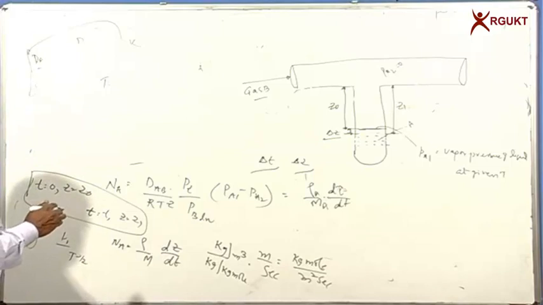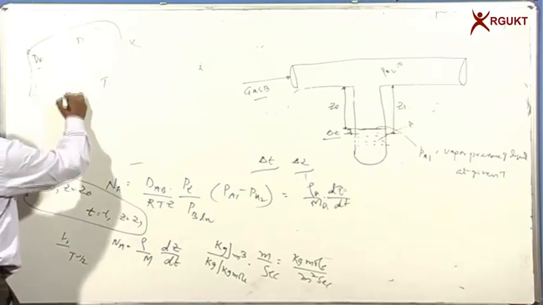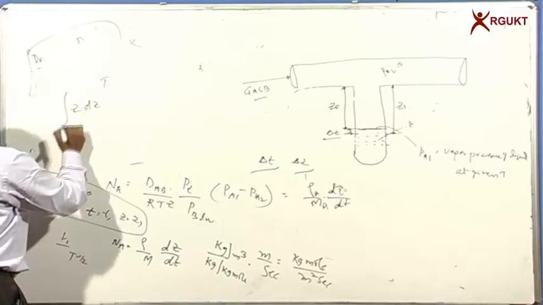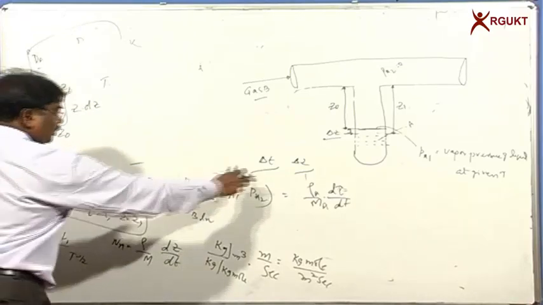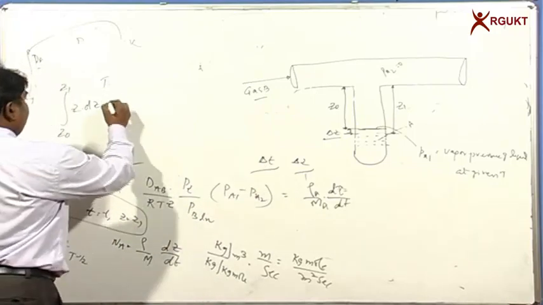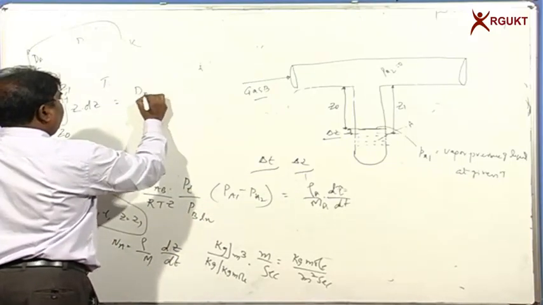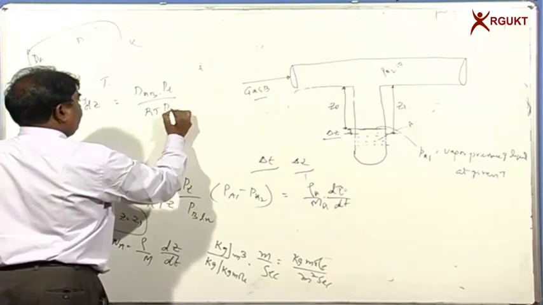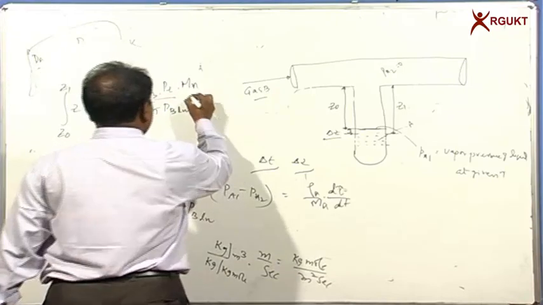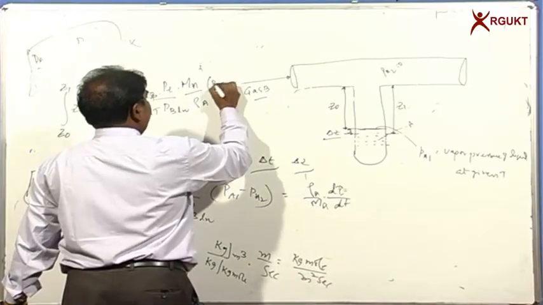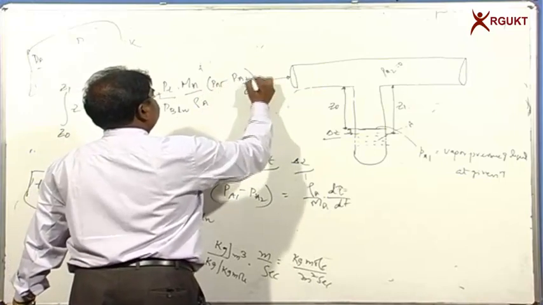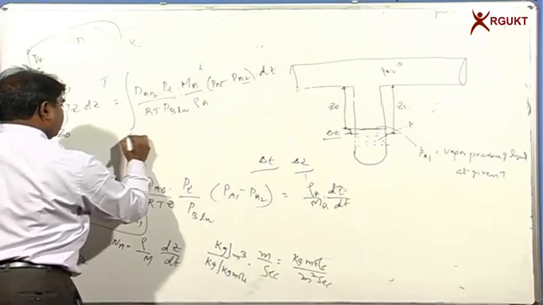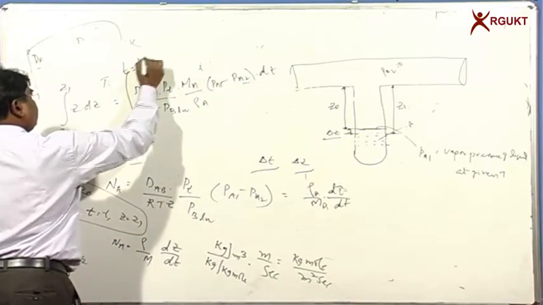To integrate, we take the integration of Z dz from Z0 to Z1, and the other terms go to the other side. Then we have DAB, PT, RT, PB ln, MA divided by rho A, into Pa1 minus Pa2, into dt, integrated from t is equal to 0 to t is equal to t.